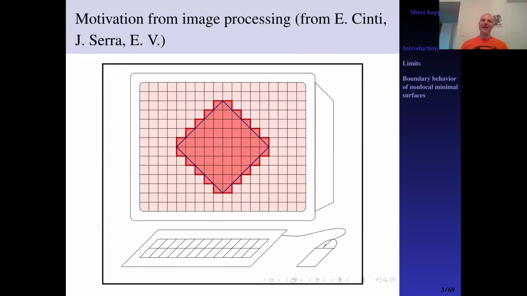So there are many motivations for this fractional perimeter. You may think it comes from, for instance, long-range phase coexistence models.